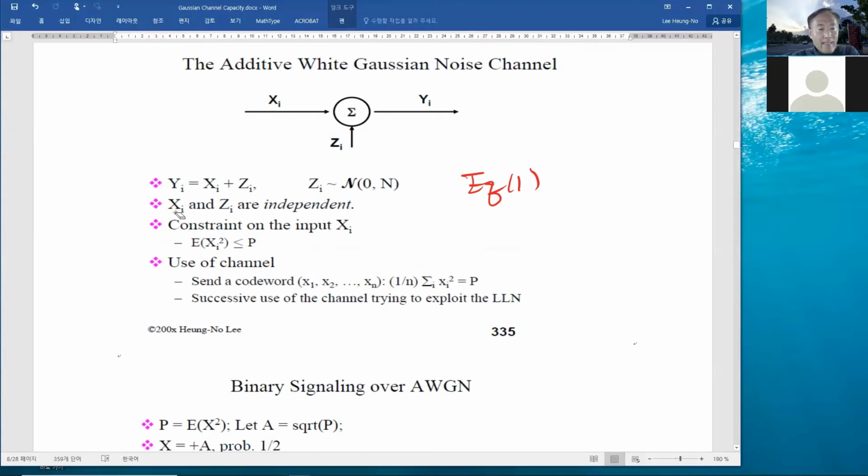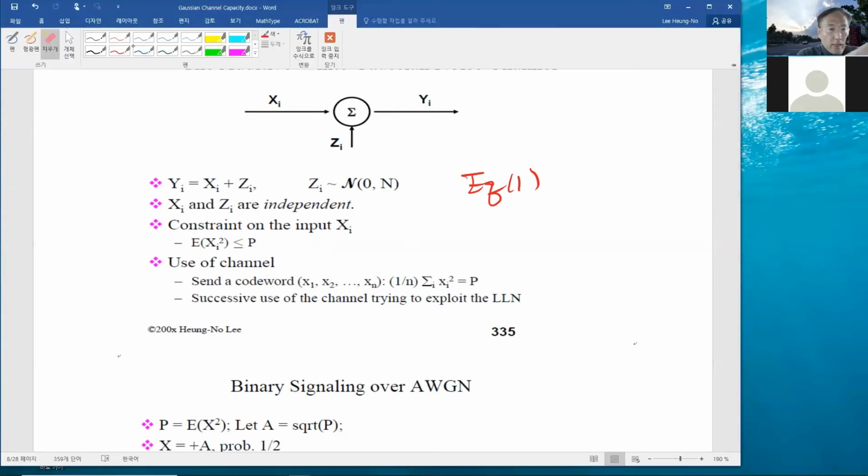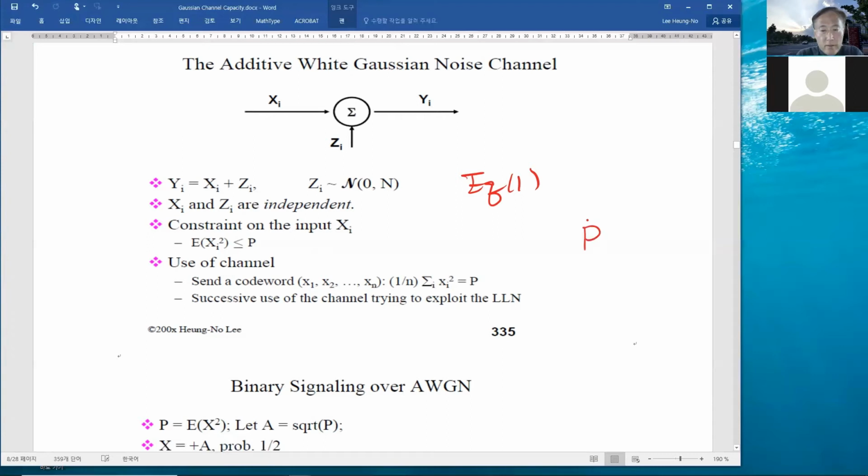What's only determined is the power P. In this channel, the distribution of Zi is determined to be Gaussian, and its power is also determined, that should be N. So here we have two parameters defined, which are P, the signal power, and N, the noise power.